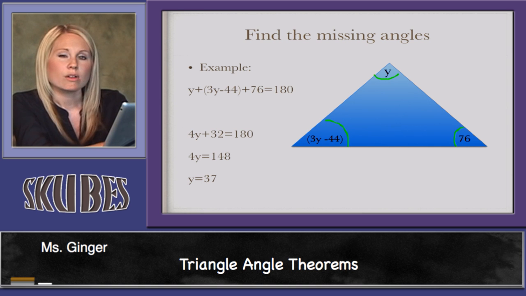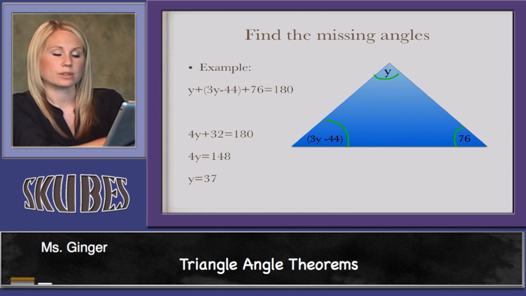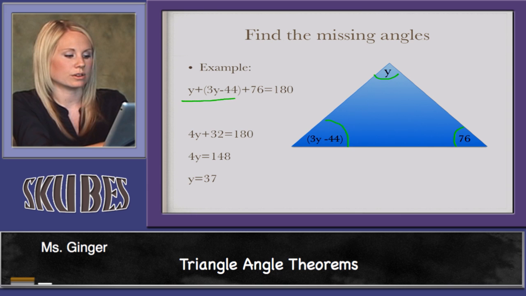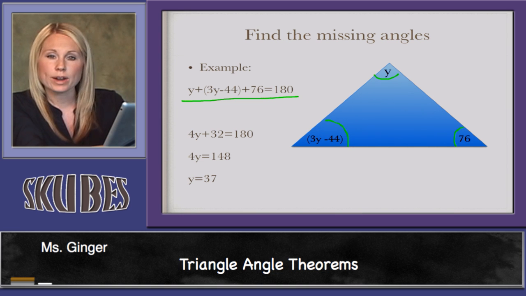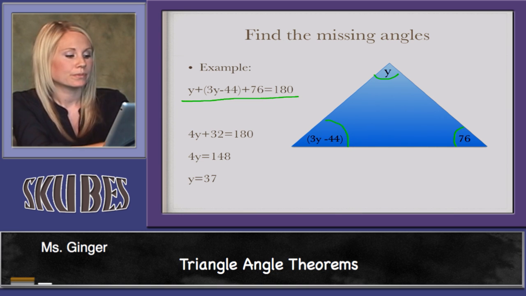Alright, so I know that all three of these things must add up to 180 degrees. So I've got that listed here: y plus the expression 3y minus 44 plus 76 equals 180 degrees. And I now have an equation that I can solve for y.